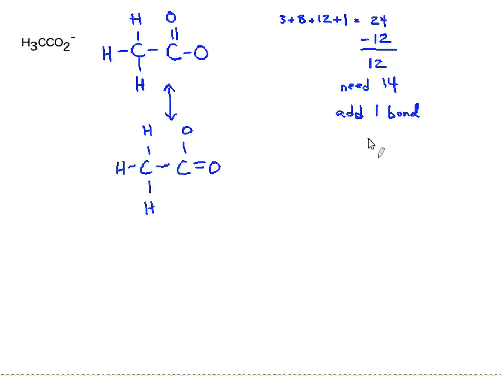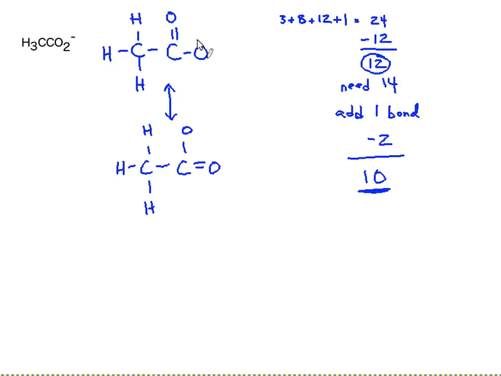Okay, so let's make sure we did this correctly in terms of Lewis structures. When we add that bond, we have to account for it. So we've used 2 electrons to add that bond. Remember, we had 12, so now we have 10 to work with. And if we did our math correctly, these 10 electrons should be the perfect number to add as lone pairs to make everybody happy. Now that we added the double bond, this carbon has its octet.